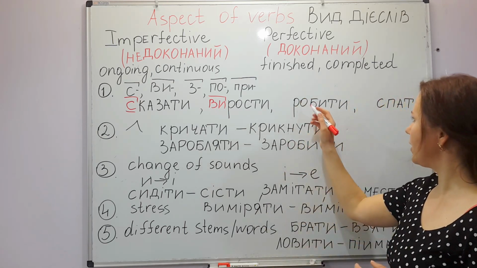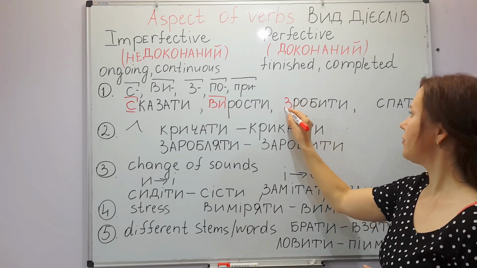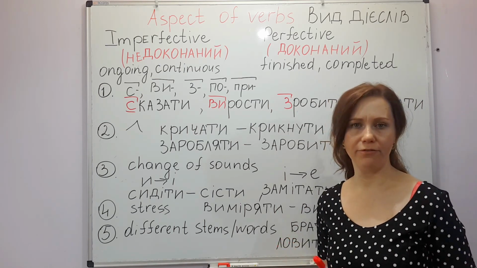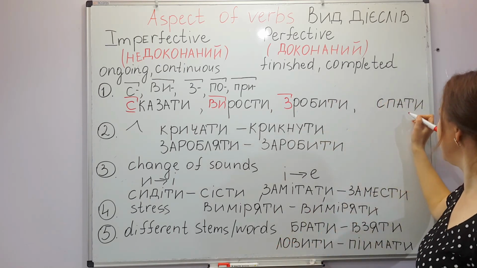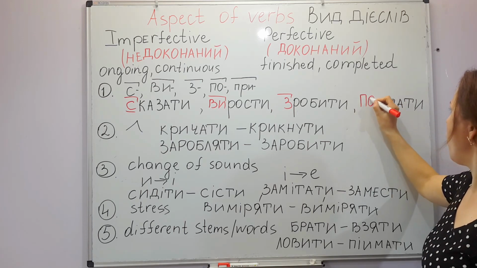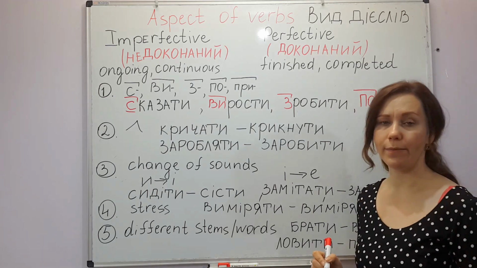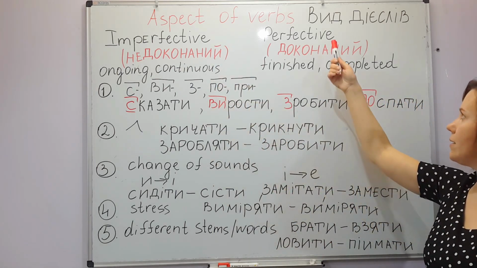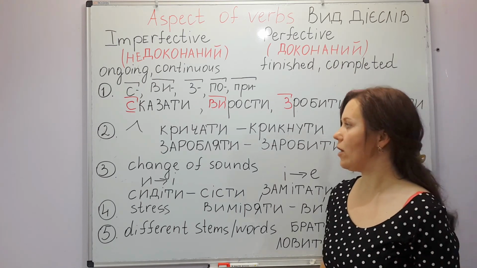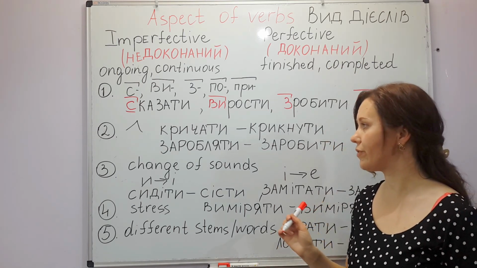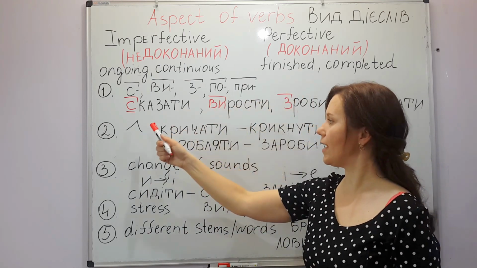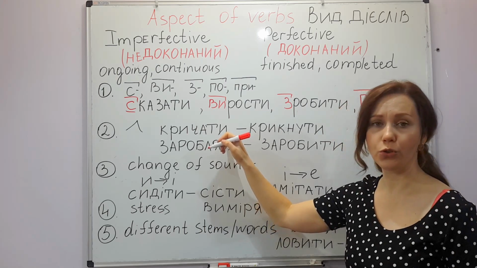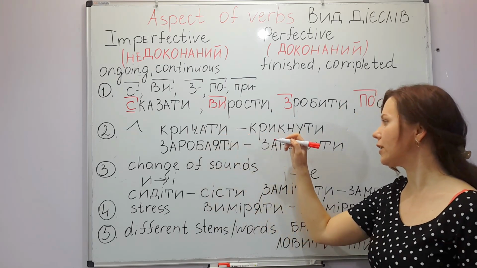The next one, робити, to do. If you add з, зробити, it's again the same, to do, but a perfective verb. And спати, to sleep: поспати, also to sleep, but спати is imperfective and поспати is perfective. Now, sometimes we also create perfective verbs with the help of suffixes. Кричати, to shout, to scream; крикнути.